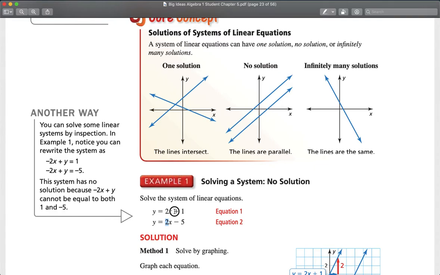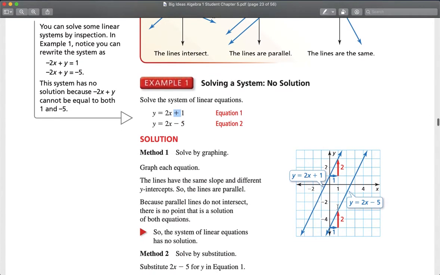Well, it makes them parallel because the y-intercept is not the same, right? This y-intercept would be at 1, so it starts at 1 and then it follows the slope, right? And here we start at -5, and again, we just draw it along with the slope 2 over 1, right? Rise over run. And so here we have parallel lines. These lines will never touch, and therefore you will have no solutions.